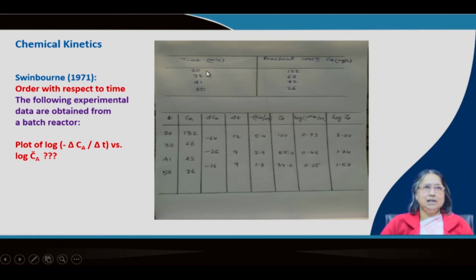At different times you take an aliquot and measure the concentration of the reactant, which you term as CA.